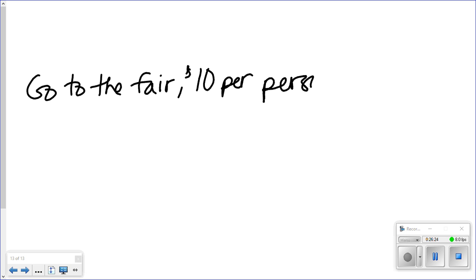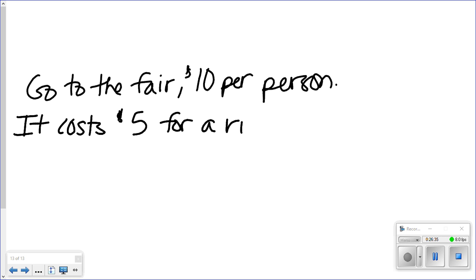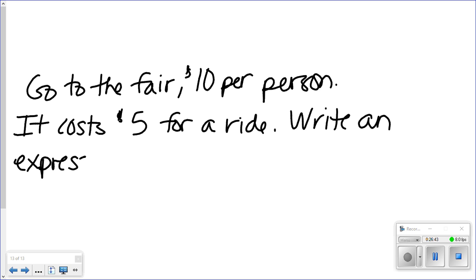Okay, so you go to the fair and it's $10 per person, and we're just thinking about one person. What's it cost for a ride? Okay, it costs $5 for a ride. Write an expression if you ride 3 rides.